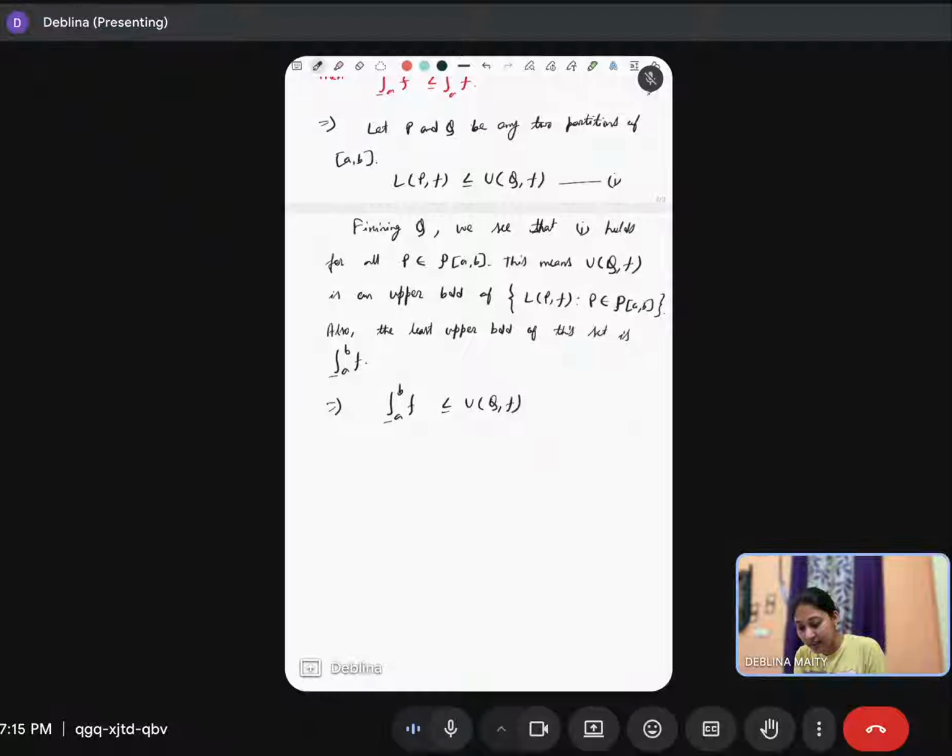Now this number, the left hand side, is a fixed number. It does not depend on the partition, right? And here if we change Q, since this is true for arbitrary Q, fixed but arbitrarily, right?